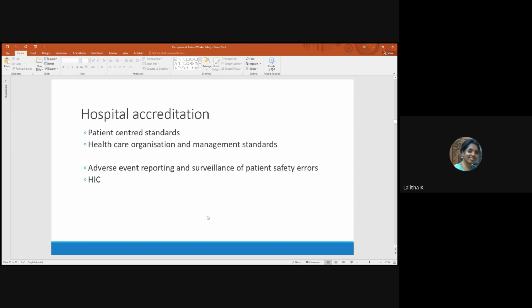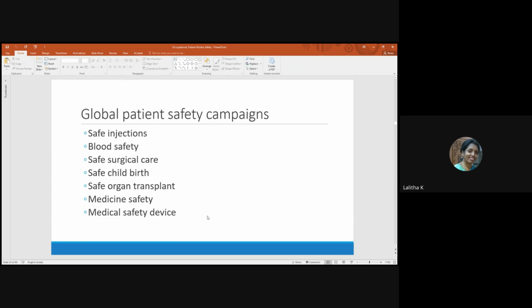We need to not only prevent errors, but if errors occur, we have to report them, keep a watch, see what caused them and try to correct them. Nil reporting doesn't mean it's not there. Maybe it's just not reported, and that is also not good.